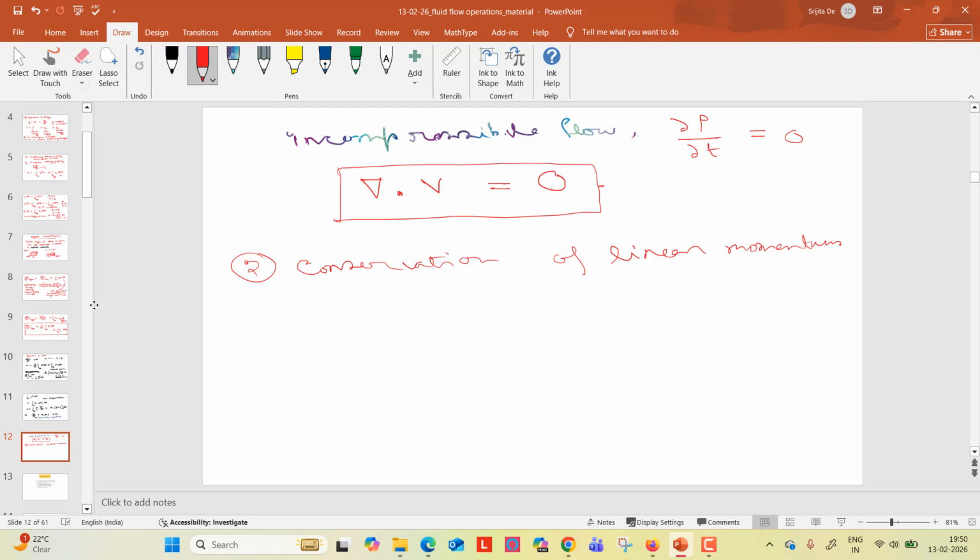It means that the rate of change of linear momentum is the force. So we have seen F, which is body force plus surface force, equals the rate of change of the linear momentum of the system, right?